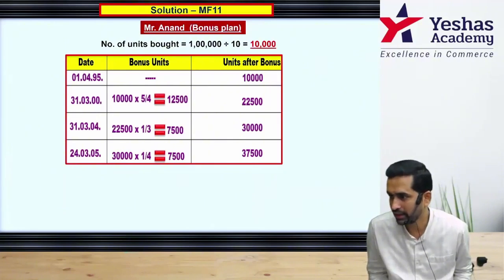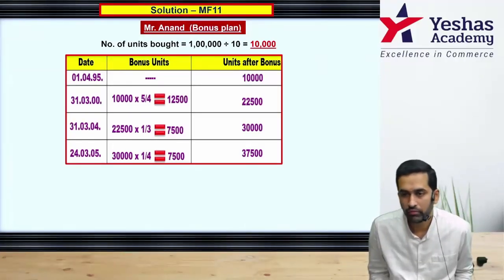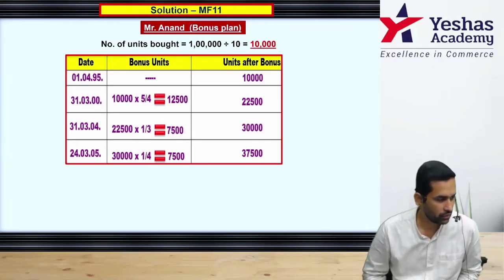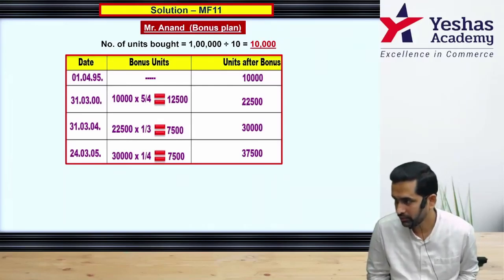For 10,000 held, it will be 12,500 bonus. Therefore, add another column. Units after bonus will be 22,500. You had 10,000. Now you have 22,500.